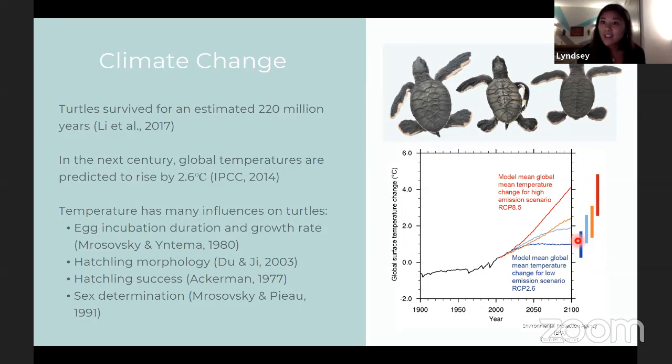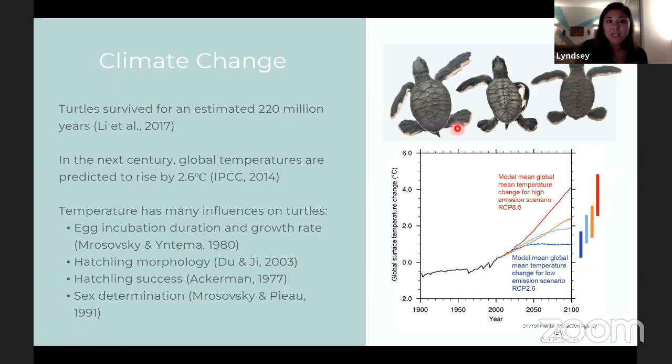Temperature has many effects on sea turtle biology. And this is because the temperature of the nest where the eggs incubate affects the incubation duration, so how many days the eggs are incubating, as well as the growth rate and how fast the embryos are going to grow. They're also going to affect hatchling morphology.